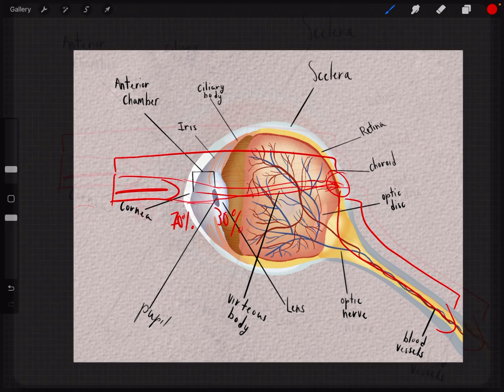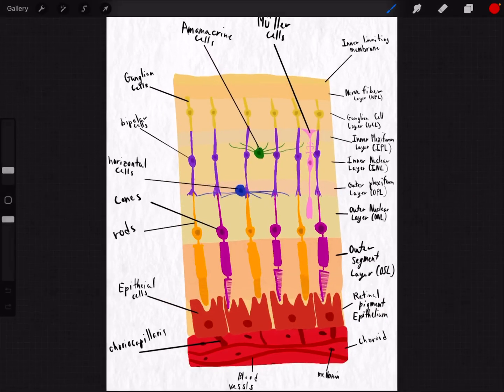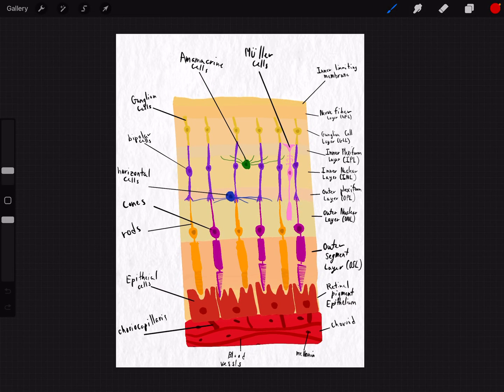which is what you see. And then for the retina, more specifically, the retina has a couple layers and a couple cells.